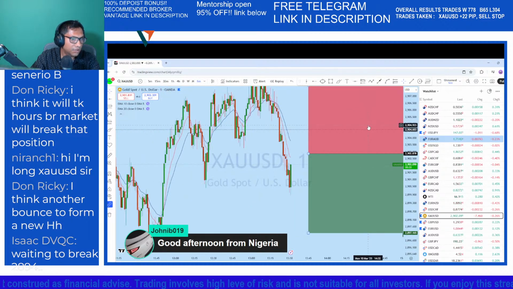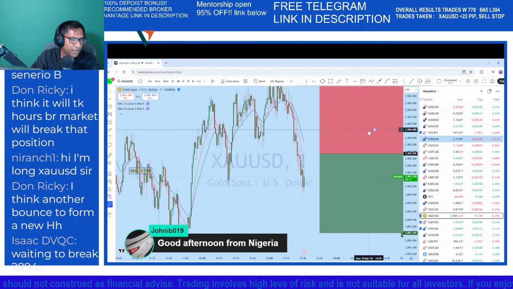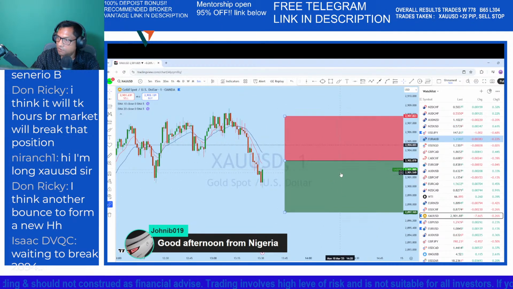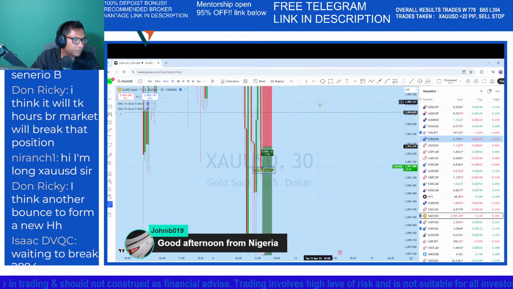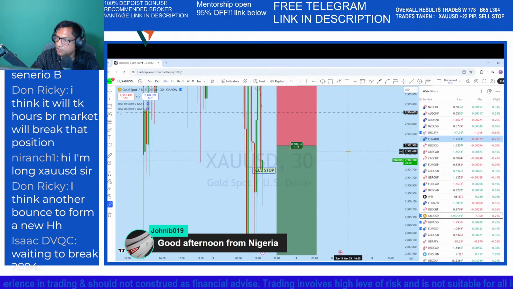There's an unusual bounce here, but I think we might see ultimately potentially return back again, as this market looks bearish, but we'll see. We might see that potential liquidity grab here. This is the 30 minutes price action.